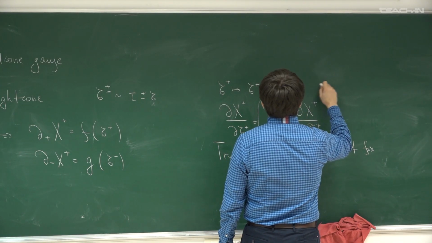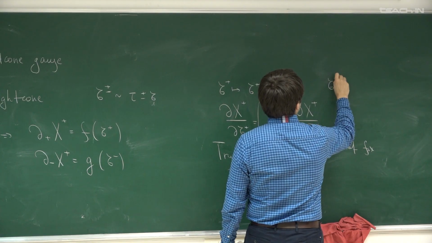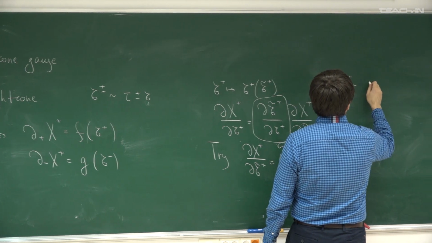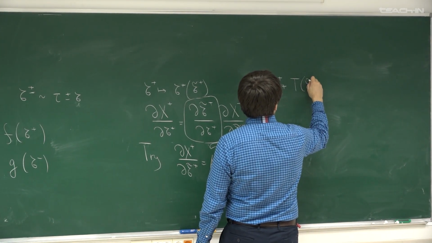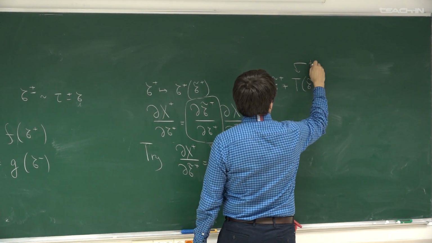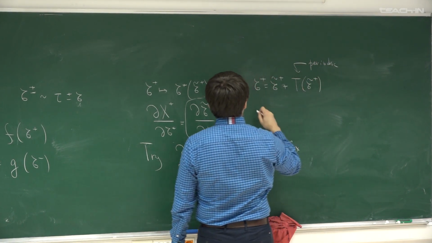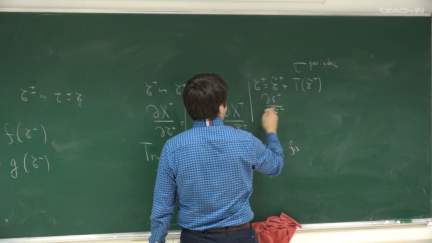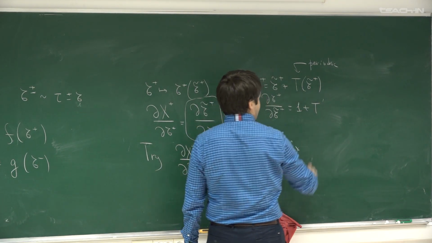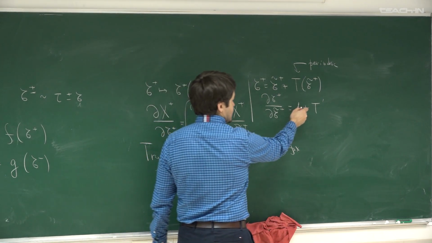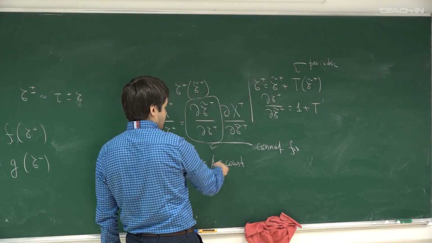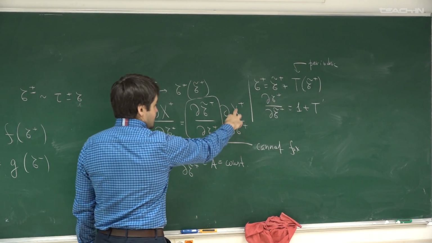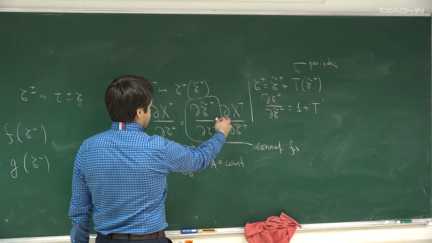So that means that sigma plus is sigma tilde plus some t of sigma tilde plus, where this is periodic. So d sigma plus over d sigma tilde plus is 1 plus t prime. Because this coefficient is fixed to be 1, we cannot change the zero mode. You can expand these in Fourier series; you're multiplying two Fourier series, but the leading term is 1.